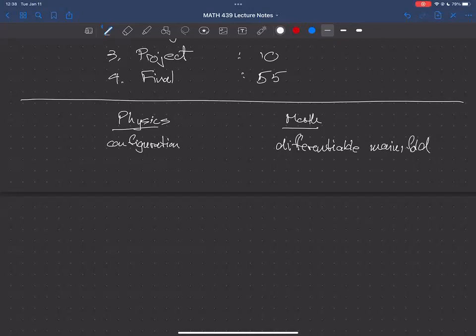Then there's velocity. Velocity is represented in differential geometric language by a tangent vector. A tangent vector is probably an idea that you have in your head already, and it may even correspond to velocity, but we'll see how to do that in a mathematically precise way.